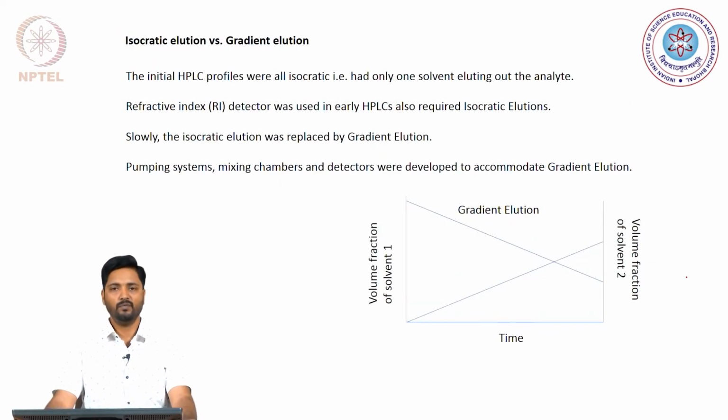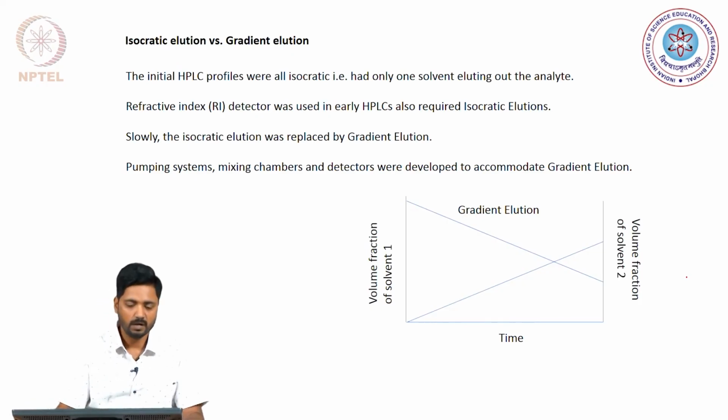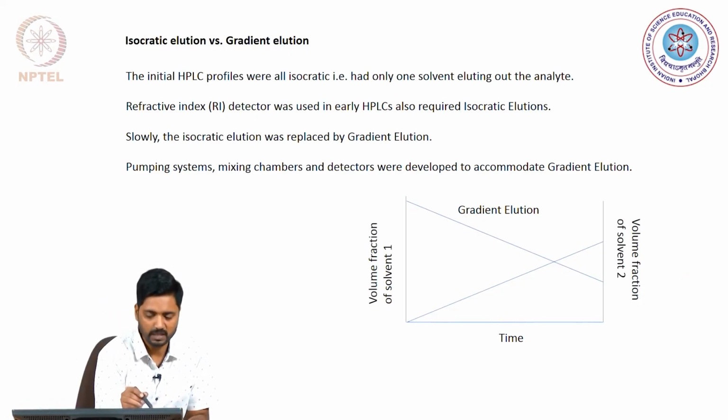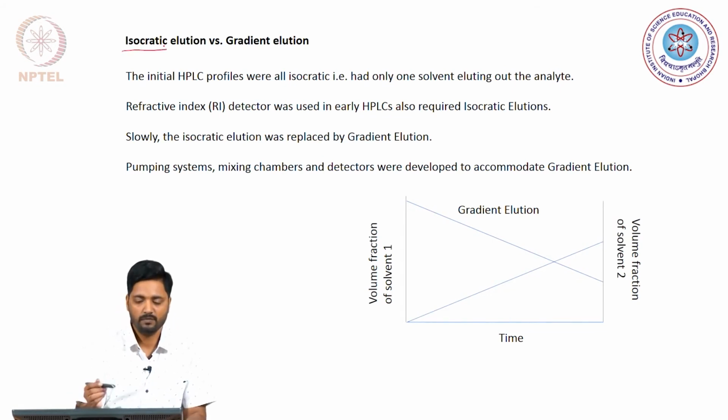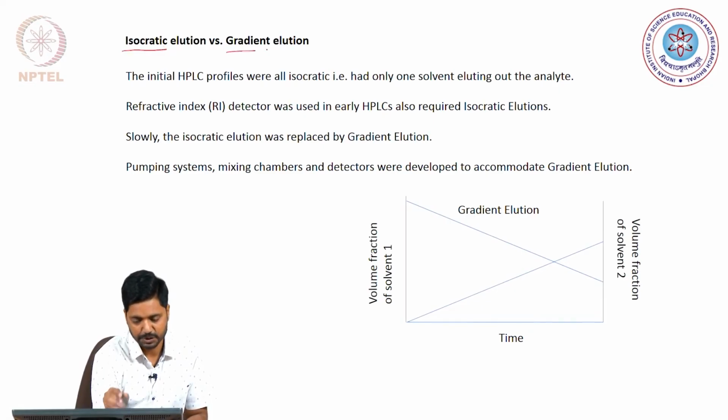So, while undertaking elution of the analyte, we would want to consider a few things. We would want to consider whether the elution is to be an isocratic elution or we would want a gradient elution.